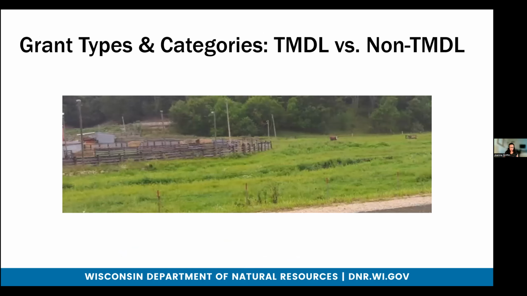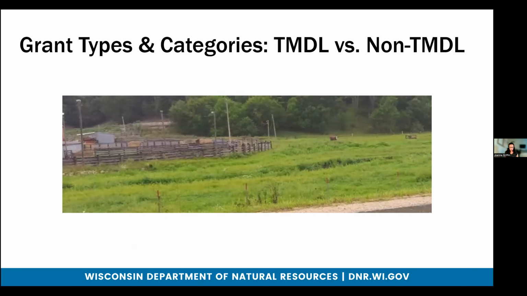So if this project is stabilizing stream bank as part of addressing this non-compliance through fencing or relocation, then yes, this is an eligible non-TMDL TRM project. You can see the same site in this photo. The stream banks have been revegetated and animals no longer have unlimited access to the stream.